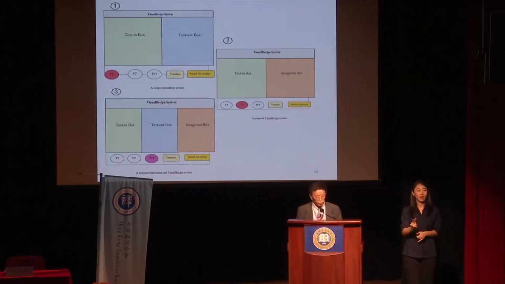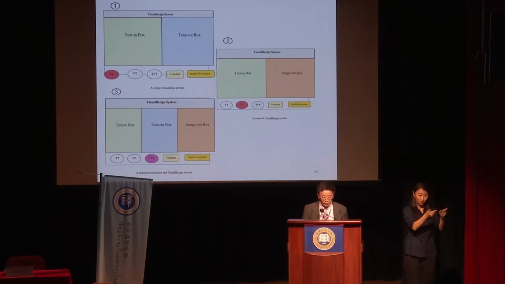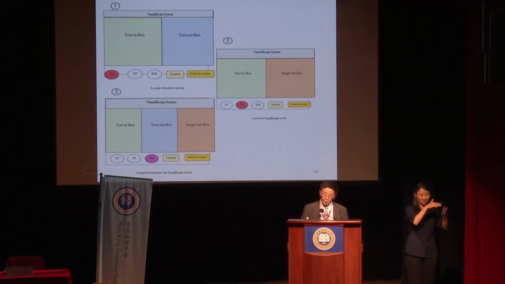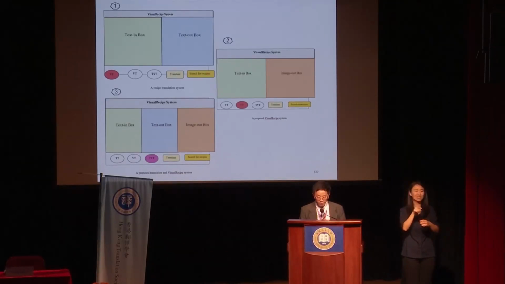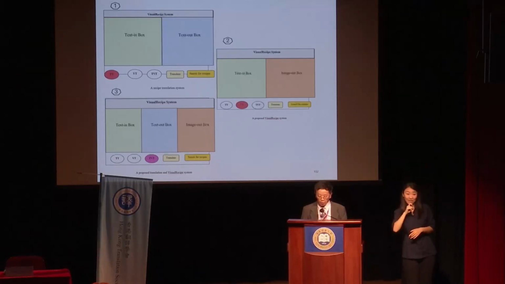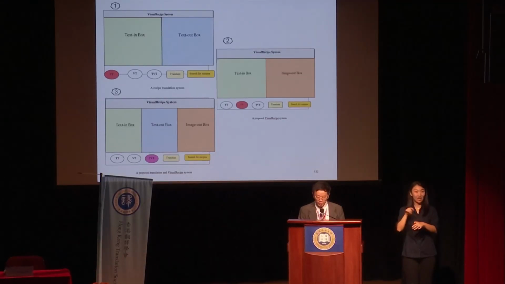The first stage, we have this VisualRecipe system for use for textual translation. So you have the text in box, the text out box. This is actually something similar to TransRecipe. When we have this VisualRecipe system, you put the text into the text in box. Out come the images, image out box.